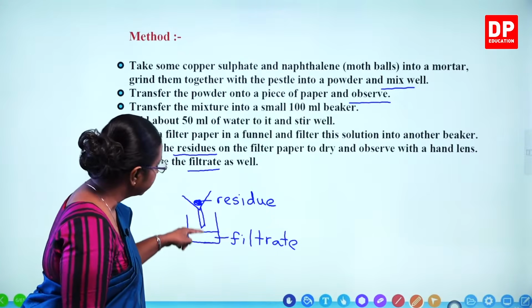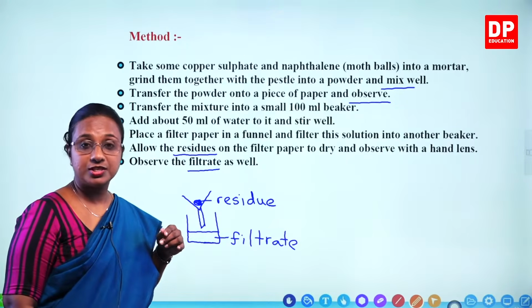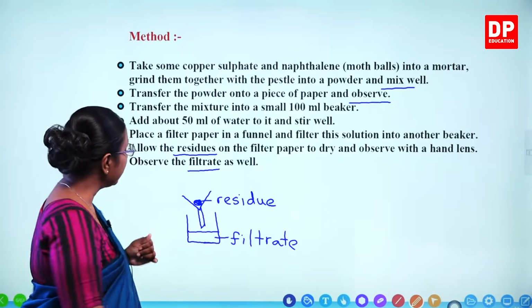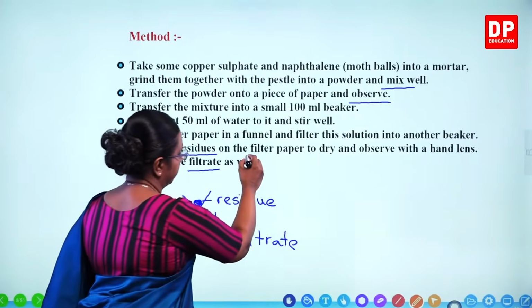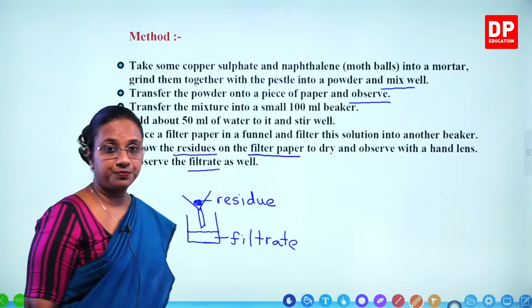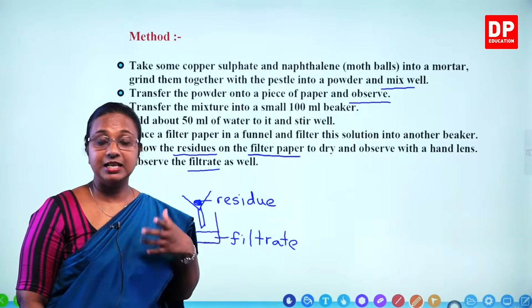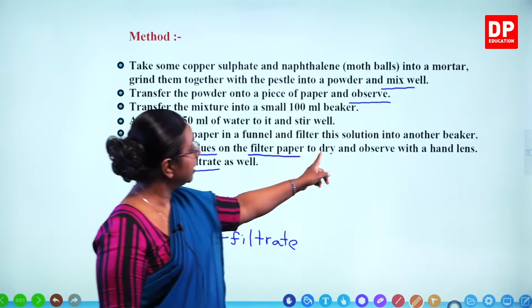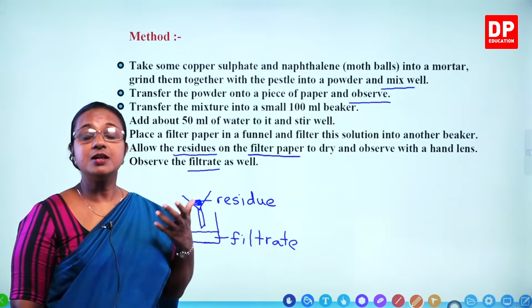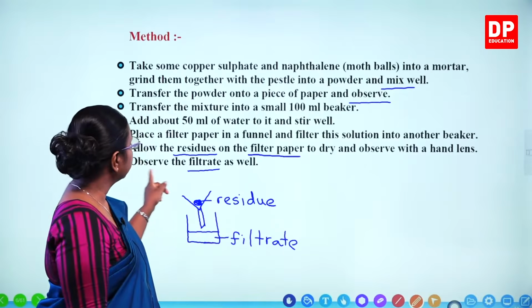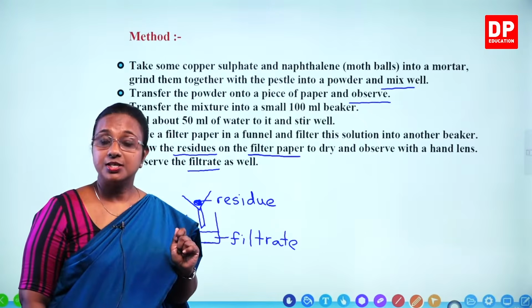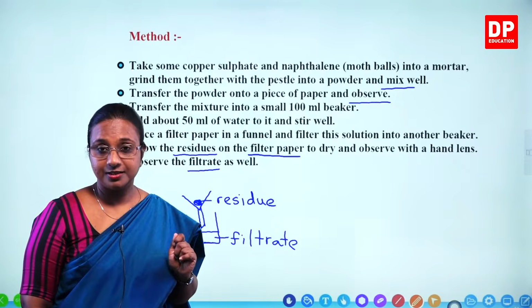So the substance that does not get filtered into the solution and which remains in the filter paper is the residue. Since the residue will have some water in it, it will be wet, so we have to allow it to dry and then observe. And the filtrate also has to be observed clearly.